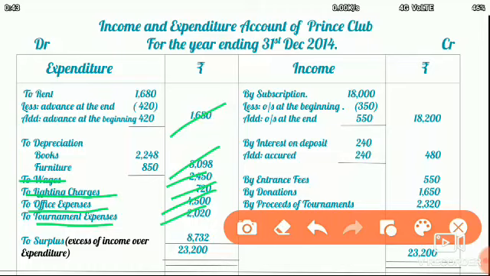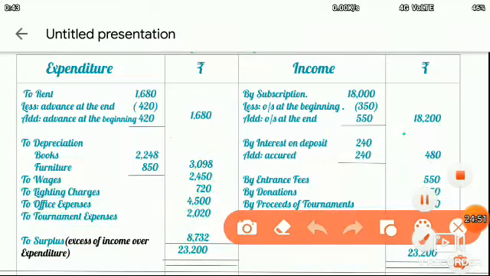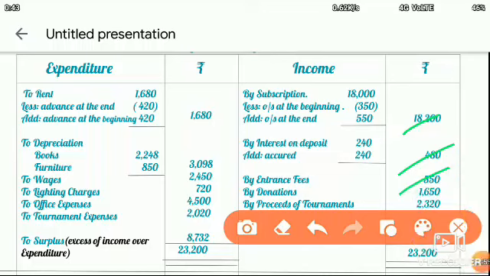In this sum, we find after adding subscription, interest on deposits, entrance fees, then donations and proceeds of tournaments, the total comes to 23,200, which is greater than the expenditures, that is including rent, depreciation, wages, lighting charges, office expense and tournament expense.